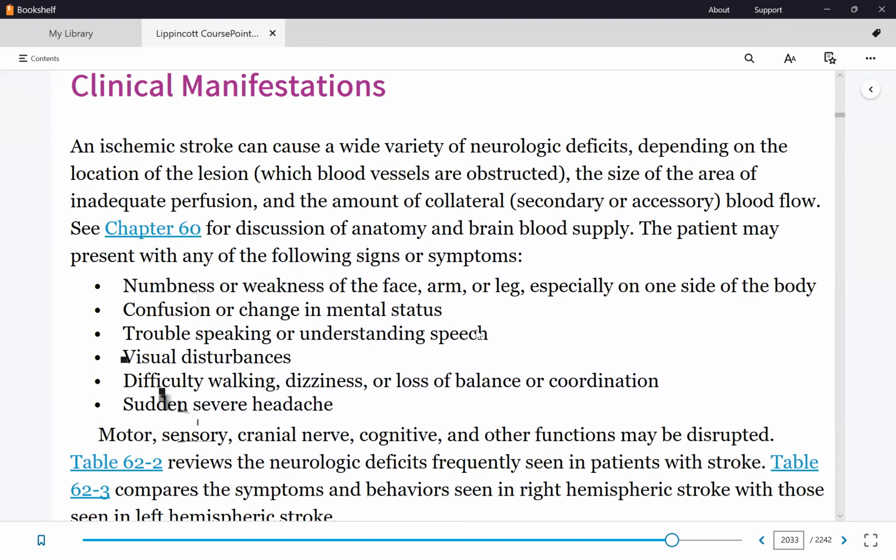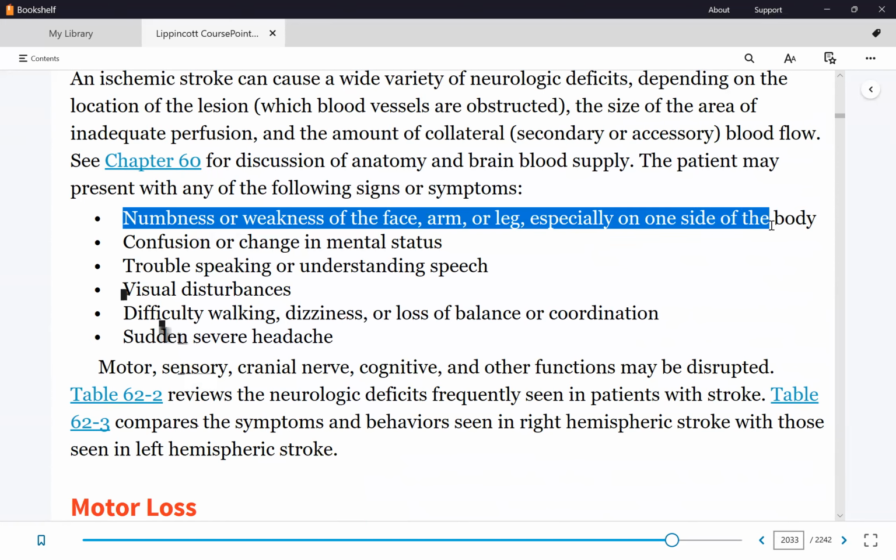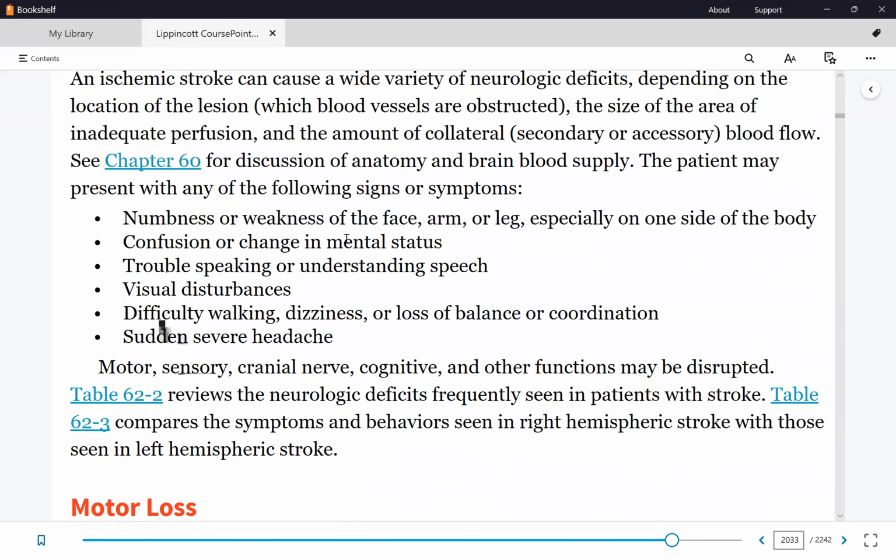Let's go to manifestations. So we said the most common presenting symptoms are covered by the acronym BEFAST. So it's any of the following: numbness or weakness of one side of the face or the body, confusion or change in the mental status. So here's the S, the trouble speaking, then the E for eye visual disturbances.